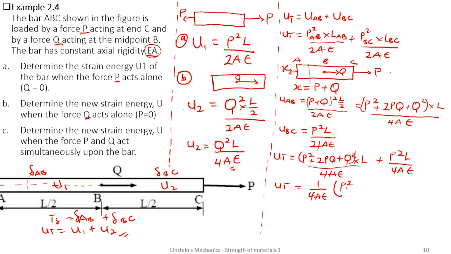This L is going to multiply through, plus 2PQ L plus Q square L. And we are also going to have this P square L. And we can also go further to see that this is going to give us 1 over 4AE, and we are going to have 2 times P square L plus 2 times PQ.